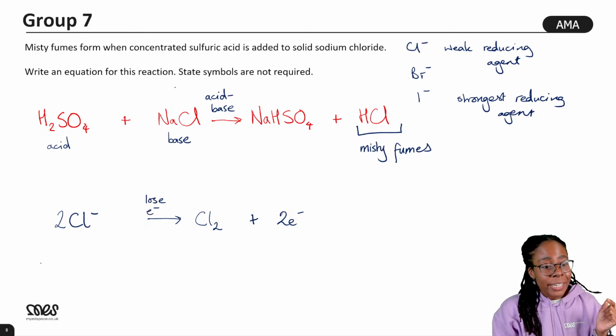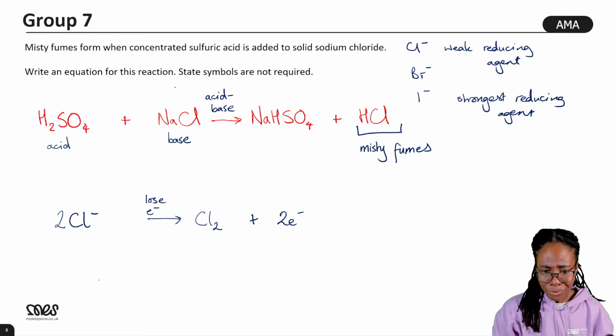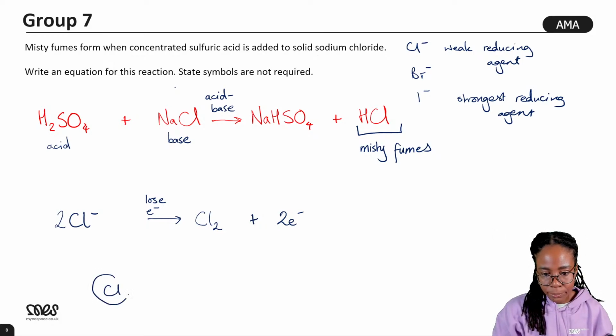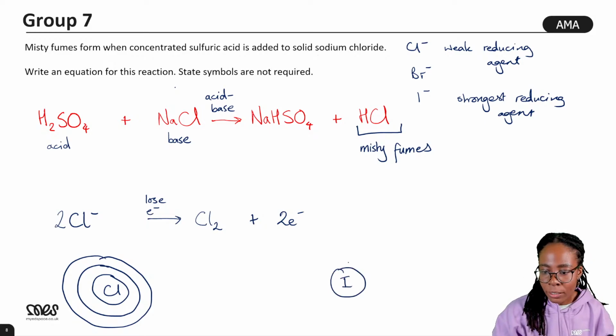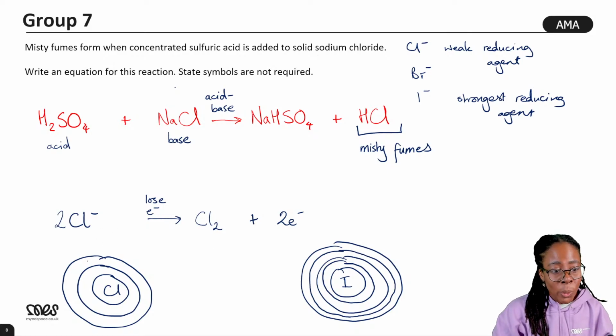Now we can think of this the other way round, as we thought of those metals. If we have a chloride ion with 3 shells versus an iodide ion with 5 shells, which one is going to lose an electron more easily?